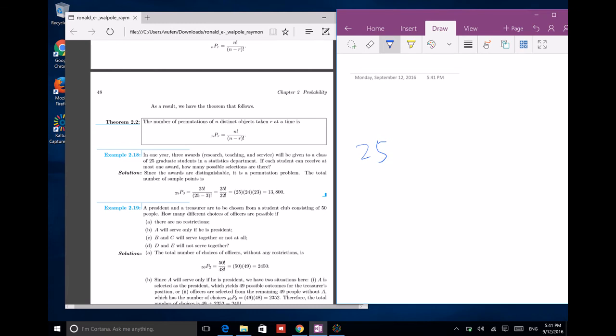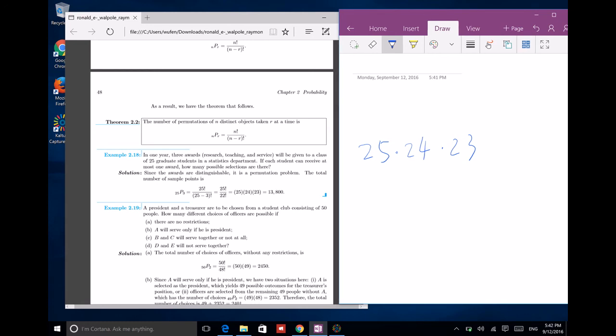But it says each student can receive at most 1 award. Once that award is given out, you only have 24 students left, so you have 24 options for the second award. After the first 2 are selected, only 23 graduate students remain for the third award, so you have 23 options. So it's 25 times 24 times 23.